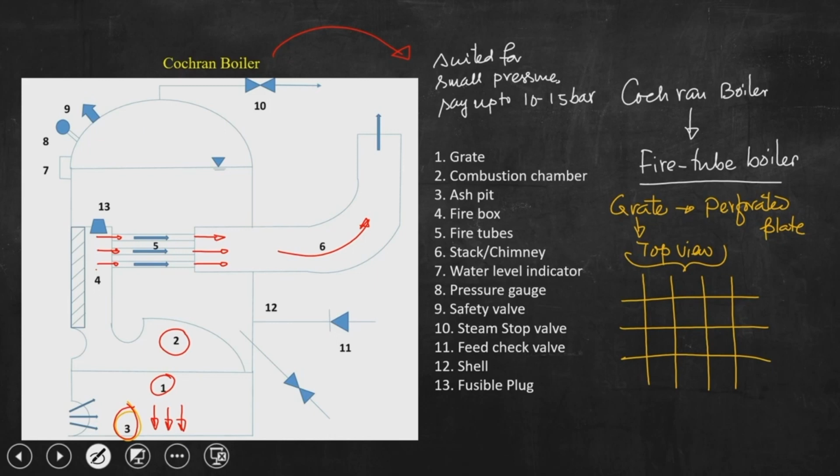Okay. Next is the water level indicator. This water level indicator, pressure gauge and safety valves, these three I discussed in the previous class in the context of the Babcock-Wilcox boiler. These are provided only to increase the safety of the boiler as well as its operator.